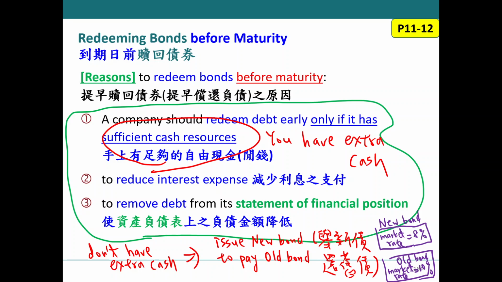Do you understand? What does it mean? Maybe you don't have the money, but still today you will pay the old bond earlier before maturity date. Why? Because you find out today the market interest rate is lower. Lower market interest rate means you only have to pay 8% interest. 8% is lower than 10%, right? So will you do that? Of course.